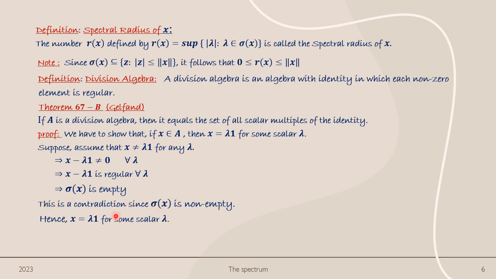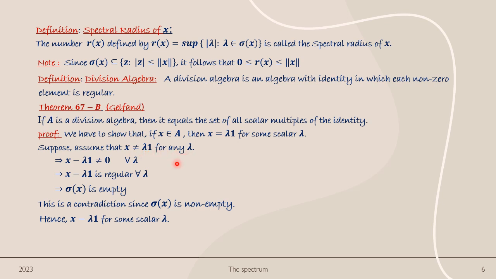But this is a contradiction to the previous theorem 67a, an important theorem, which states that sigma of x is a non-empty subset of the complex plane. So this contradiction arises because our assumption that x is not equal to lambda 1 is wrong.